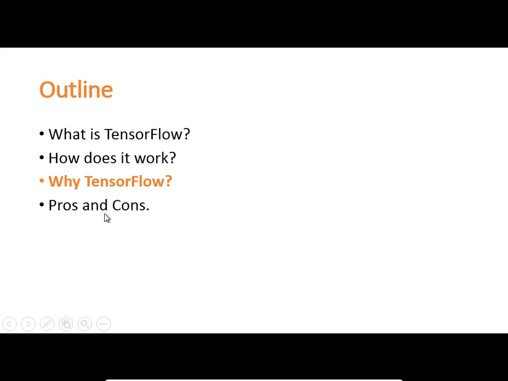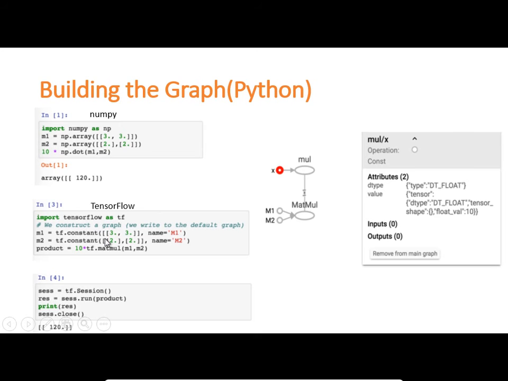And also in TensorFlow, we first import the TensorFlow module, and as we talked about before, there are two steps to complete this computation. The first one is to construct the graph, and we can see M1, M2 are two variables that we define, and then we also define the operation, that is the matrix multiplication.